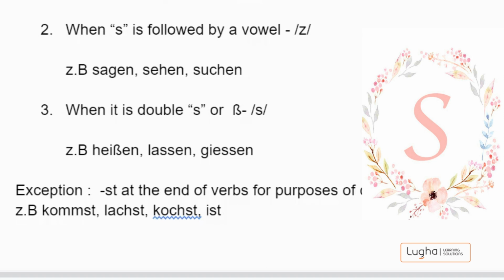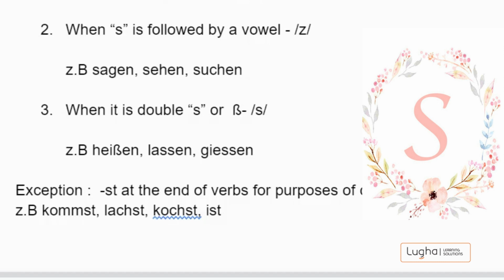But as an exception to that rule, when ST is at the end of verbs for purposes of conjugation, then we pronounce it as S. So this is also one of the other situations in which we pronounce letter S as S. So this is komst, lachst, kochst, and ist.